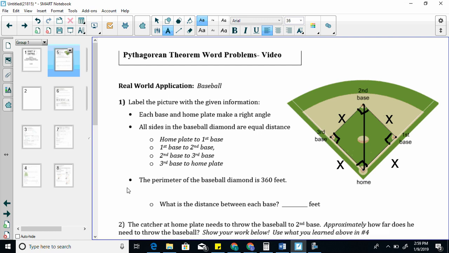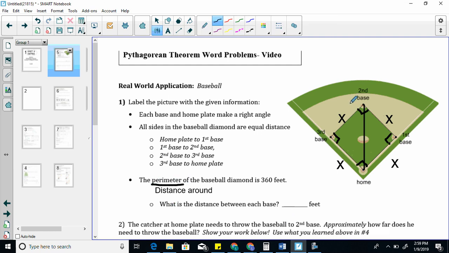Okay, now it says the perimeter of the baseball diamond is 360 feet. It's important that you remember that perimeter means the distance around a shape or a figure. So perimeter is the distance around.